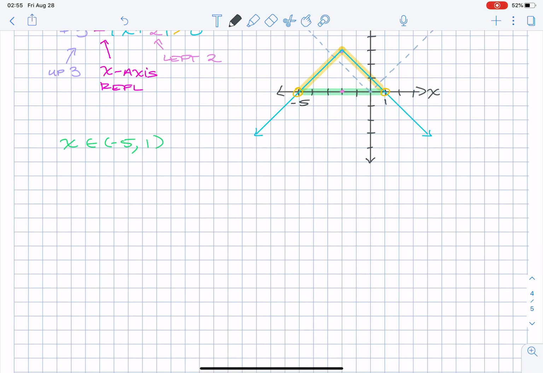So number 2, actually let me move this up a bit. So number 2, let's do 2 times the absolute value of x minus 3, from which we're subtracting 4 is less than or equal to 0.